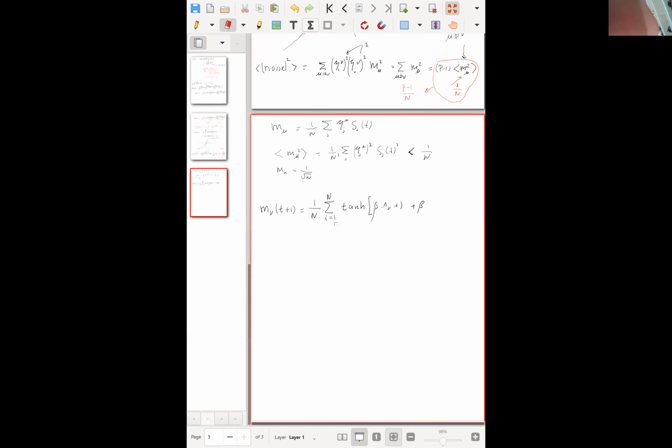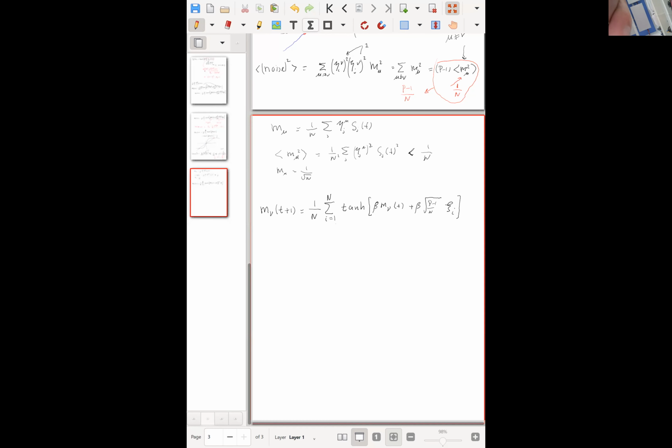Start over. Beta m nu of t plus beta square root of p minus 1 over n squiggle I. It's sort of worst case scenario, right? This is the case where we set all the SJs to 1, so we have a less than sign, which we're kind of ignoring.